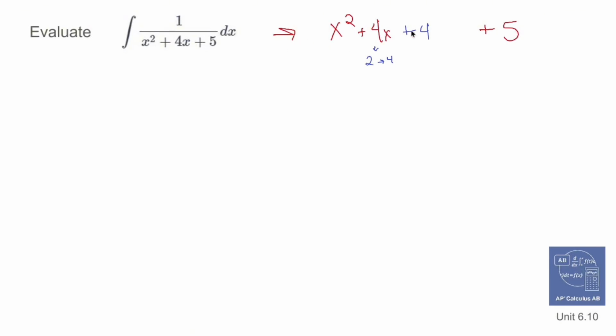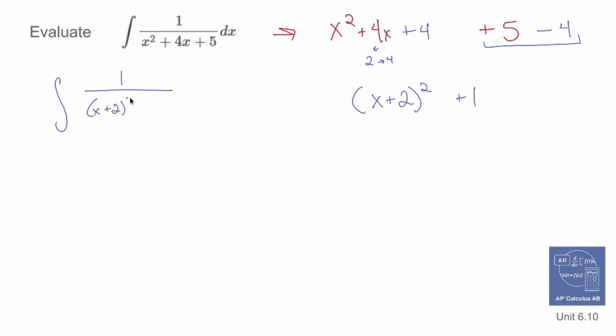If I add 4 to this expression, I have to subtract 4 from the same expression to balance things out. That allows me to turn this into x plus 2 squared, and this magically turns into plus 1. So now I can rewrite this integral as 1 over something squared plus 1 dx.